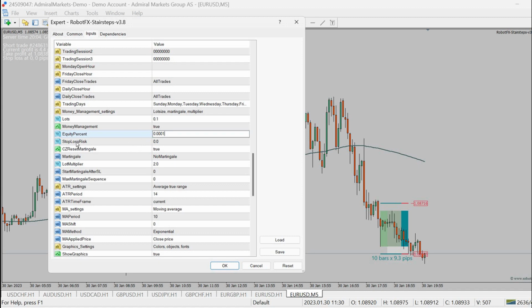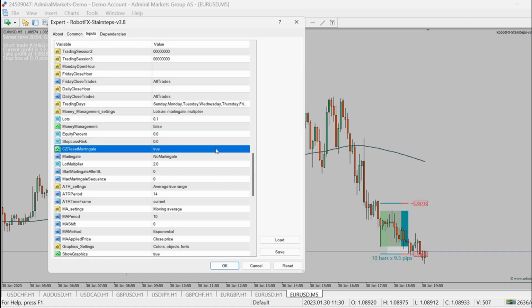Or if you want to use the stop loss risk, you will have to enter it right here, and only one of these values can be used. Please mind that, not both of them. Next, there is the possibility to reset the martingale after, and if, a new consolidation zone forms. It is set to true in my example.